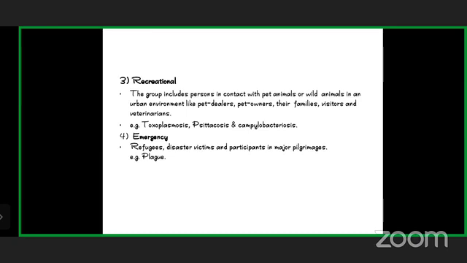In particular, if they are into raising parrots or sparrows, those people are more prone to psittacosis. And the women in particular who are already raising cats are more prone to getting the disease called toxoplasmosis.